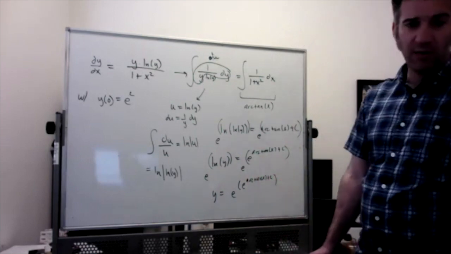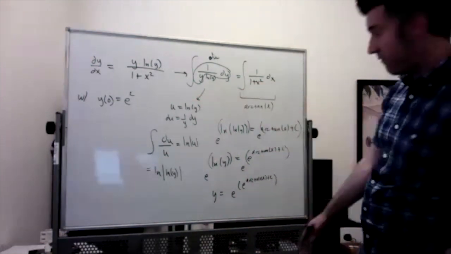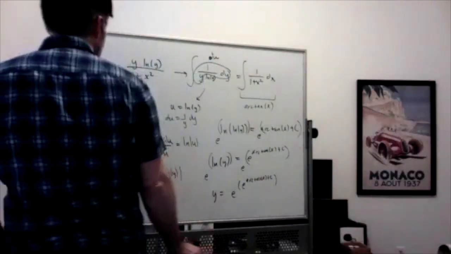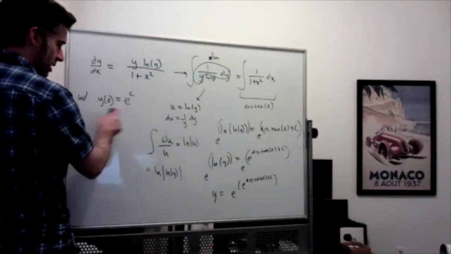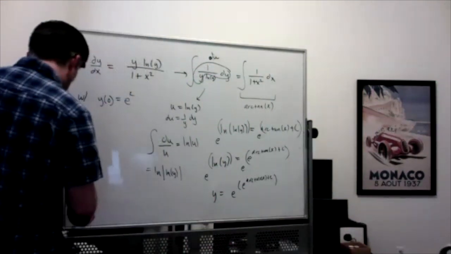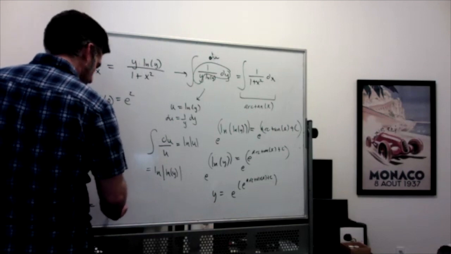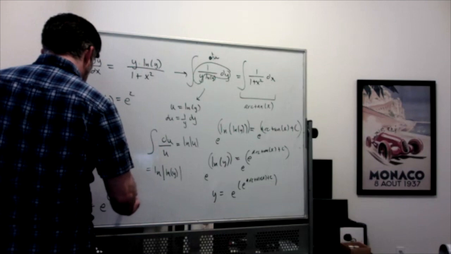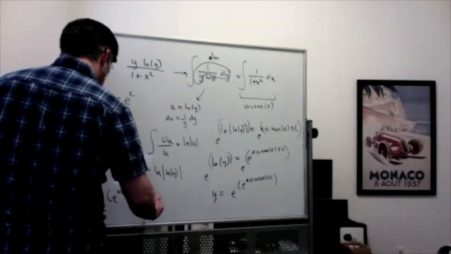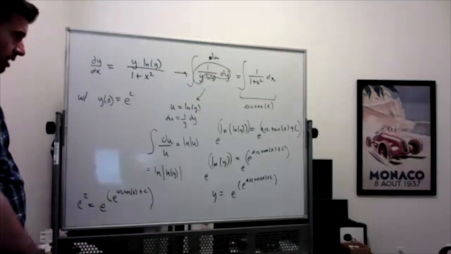Okay, and now we're given an initial condition, which means we should be able to figure out what that constant c is. So if I plug in 0 for x and e squared for y, I should get e squared equal to e to the arc tangent of 0 plus c. Okay, it looks a little crazy.